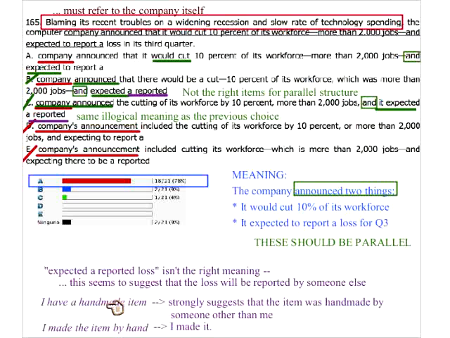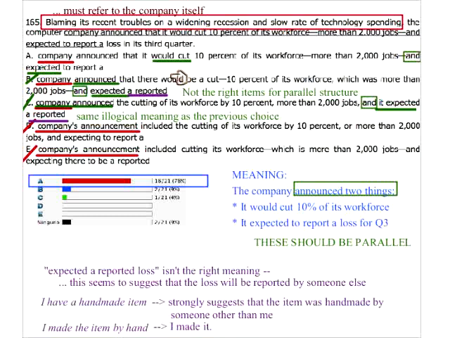Okay, the questions. "There would be," this is not a problem from the standpoint of grammar. I mean, you can say they announced that there would be something. Again, it's the same kind of issue of indirectness, though. The problem with "there would be a cut" is that it sounds like it's just magically there, and they're not the ones doing it.